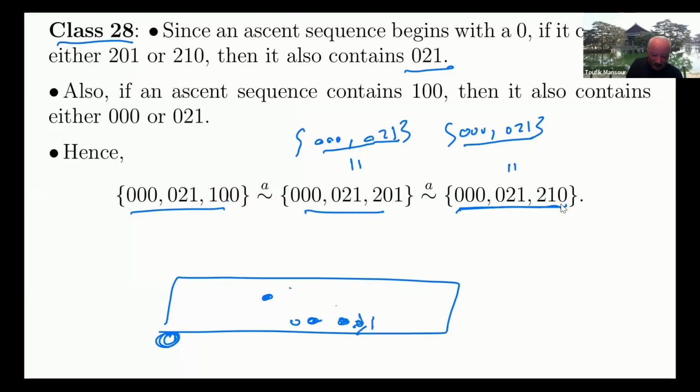So in this case, if this is at least 1, this means at least 2. So that means 0, 2, 1, and this 0, 2, 1. The opposite, of course, is also true. So that means this is like avoiding 0, 0, 0, 0, 2, 1. Because this equals this equals this, that means all these 3 sets belong to the same Wilf equivalence class.